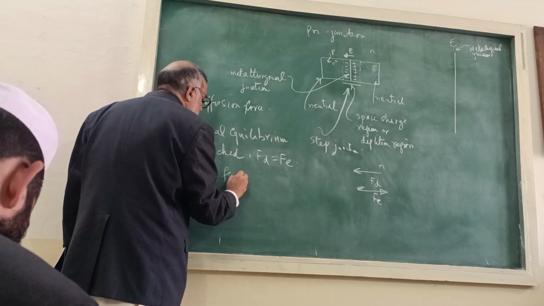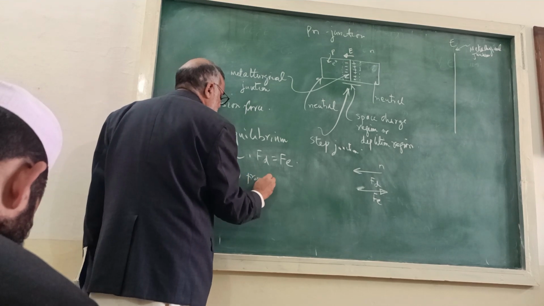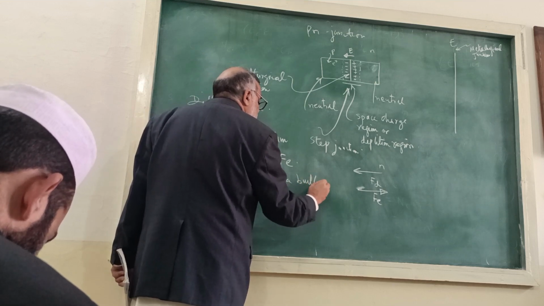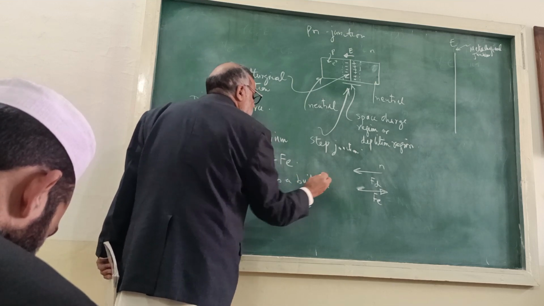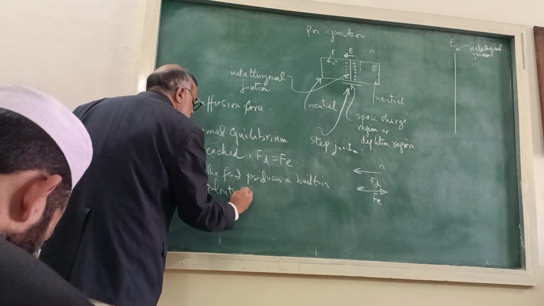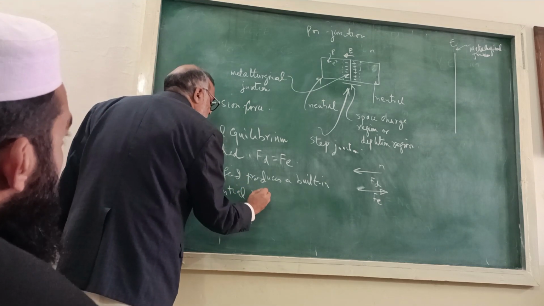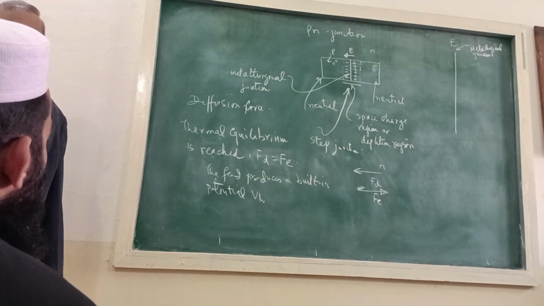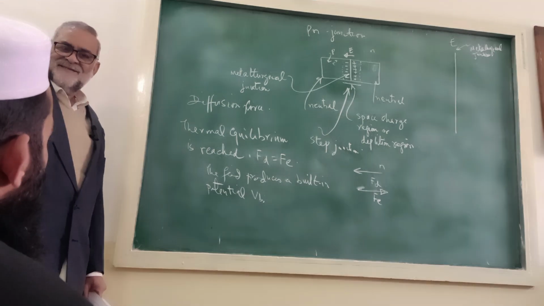The field produces a built-in potential, VBI, across the junction.